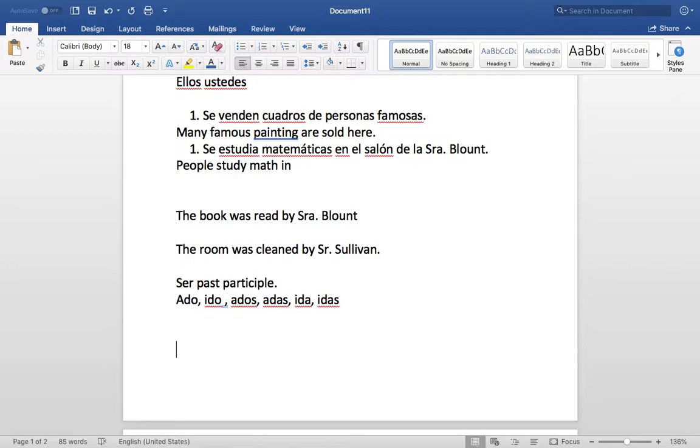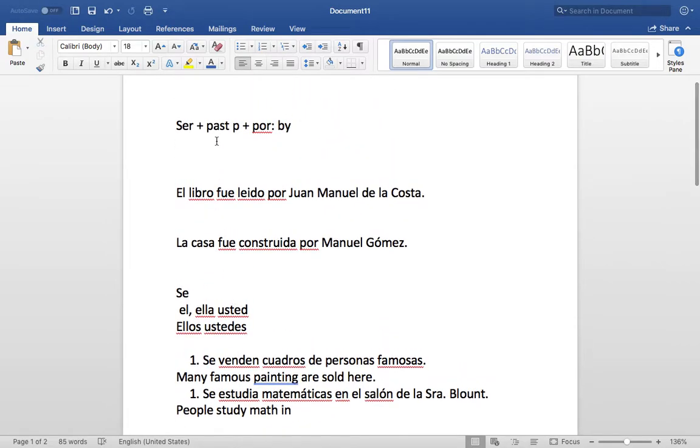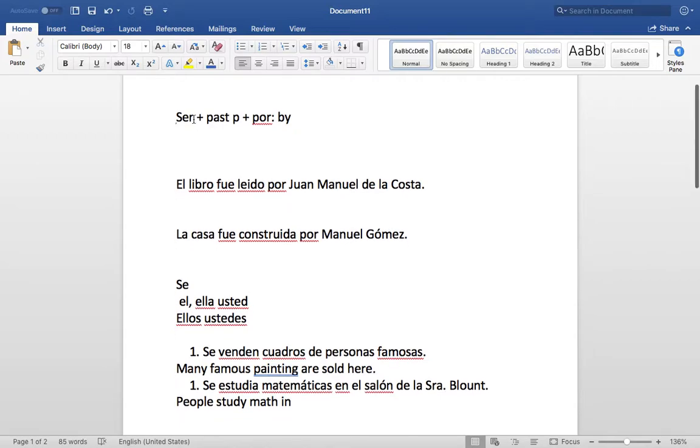Remember, only when we use pasado participio with haber, only with haber, can the pasado participio end in ado or ido without agreeing. But in this case, we're not using haber, we're using ser. So that's why the pasado participio has to agree in number and gender. All right, so how are you going to conjugate that ser?